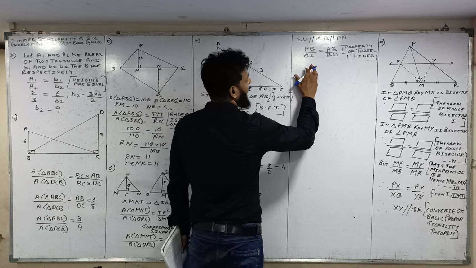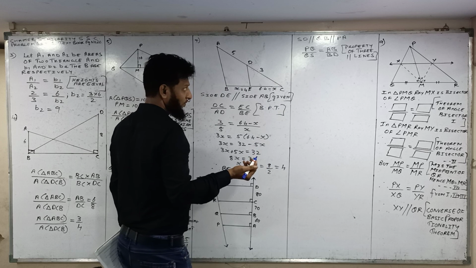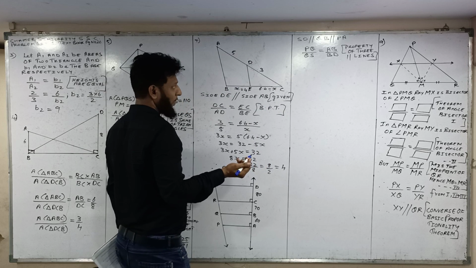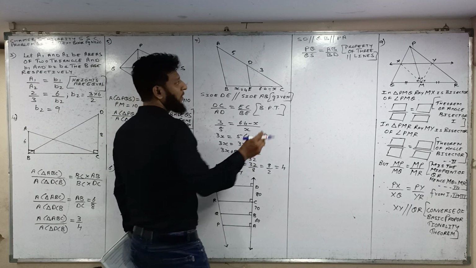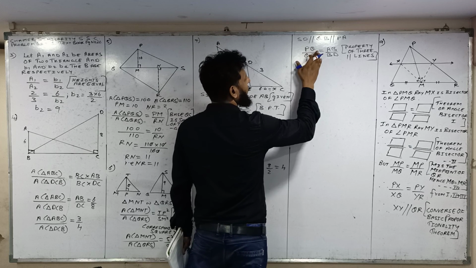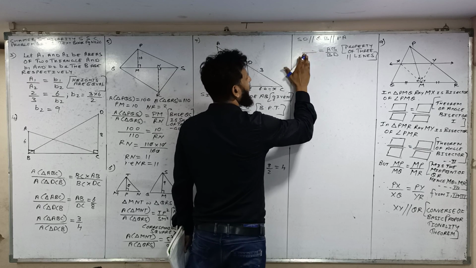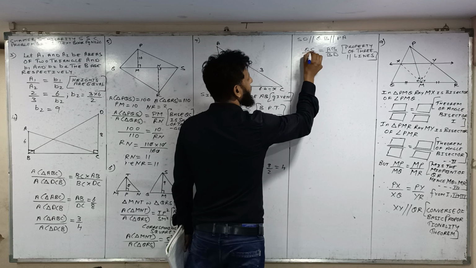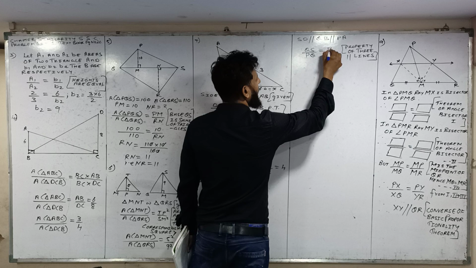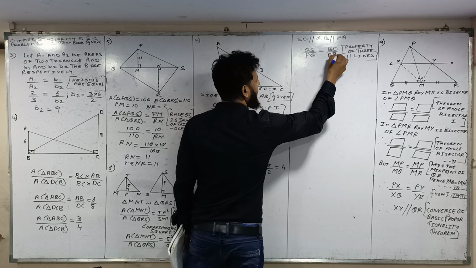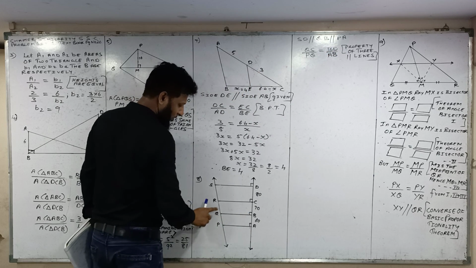Or we can change the proportion: write QS above, then PQ, so QS upon PQ is equal to BD upon AB. We can write it like this also.